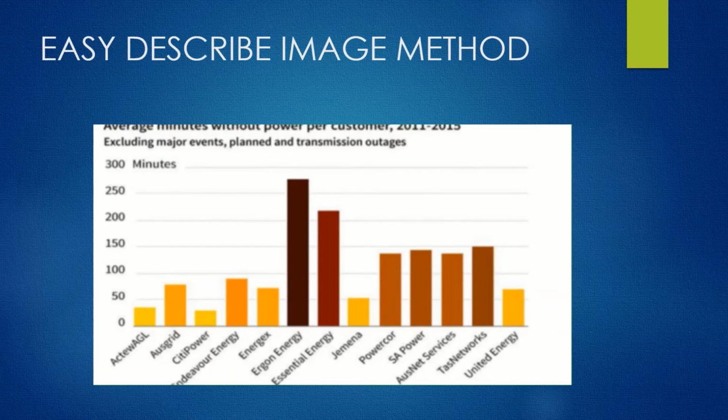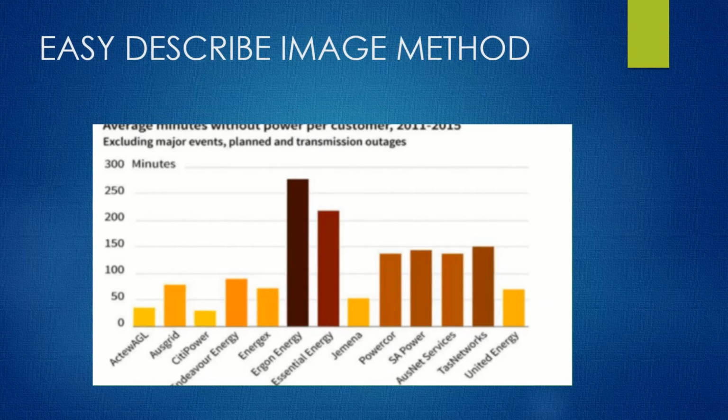All you basically need to do is have an introduction of the image before you. The next thing you need to do is describe the features of the image. It could be maps, bar charts, graphs, or pictures comparing men and women, or comparing journeys made across a certain city.